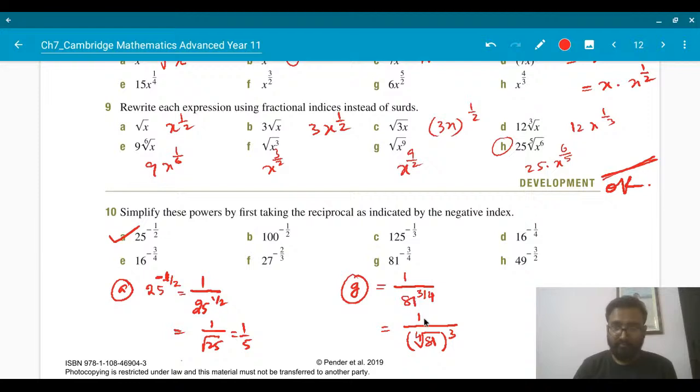A power 1 by n is equal to the nth root of a. 81 is 3 power 4, so the fourth root of 3 power 4, cubed. 3 times 3 is 9, times 3 is 27, times 3 is 81, and the power cube stays as it is. Now this 4 and this 4 cancel, so it is 1 by 3 power 4 by 4, power 3. So it is 1 by 3 cubed, which is 1 by 27.